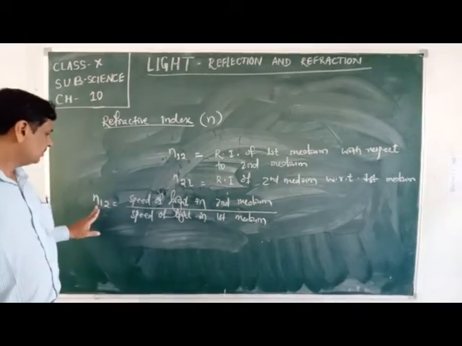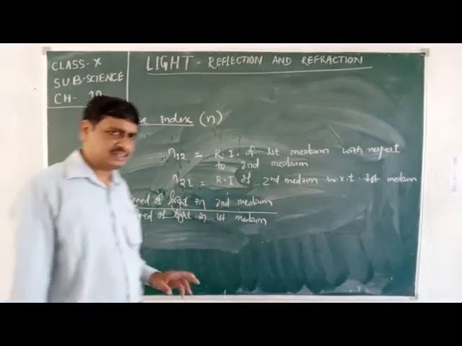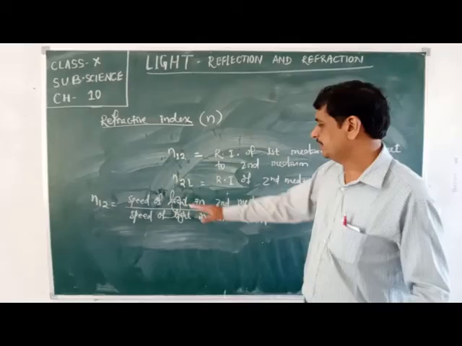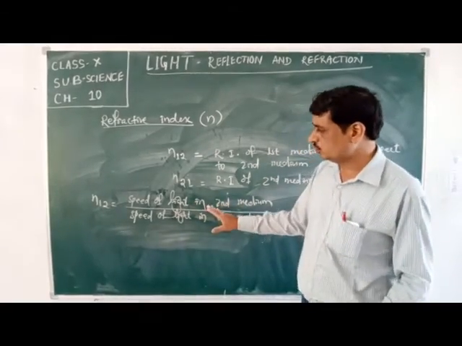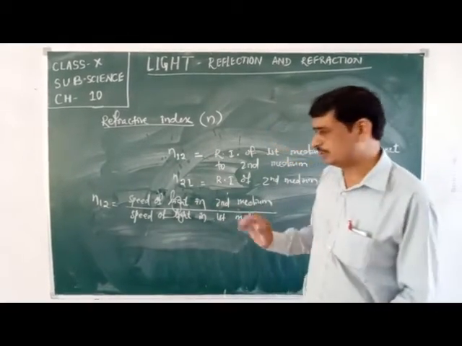This refractive index of the first medium is calculated as the ratio of the speed of light in the second medium to that of the speed of light in the first medium.